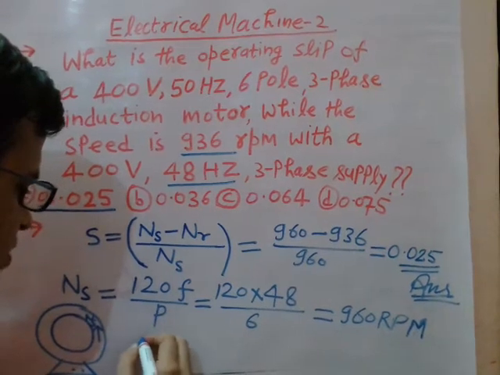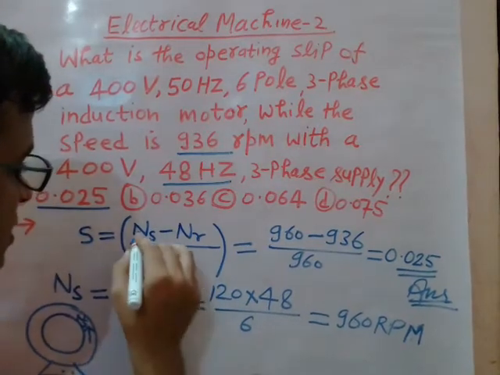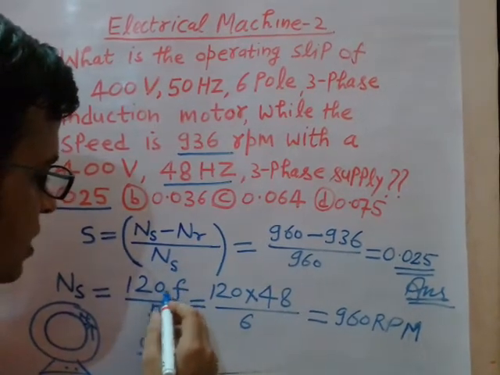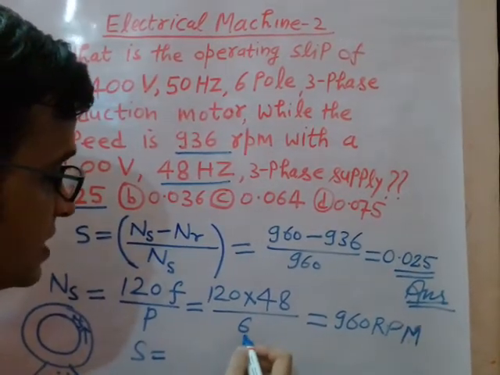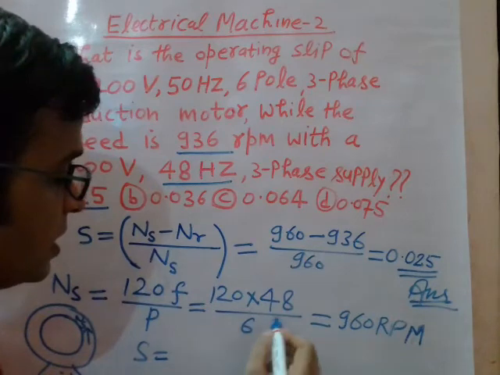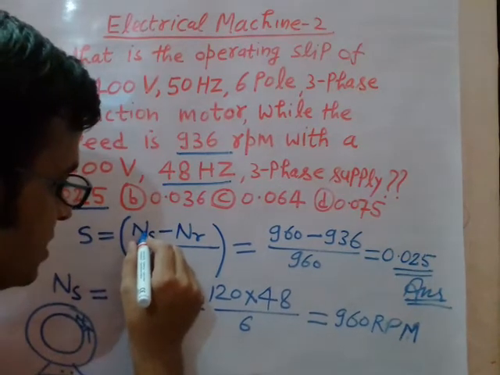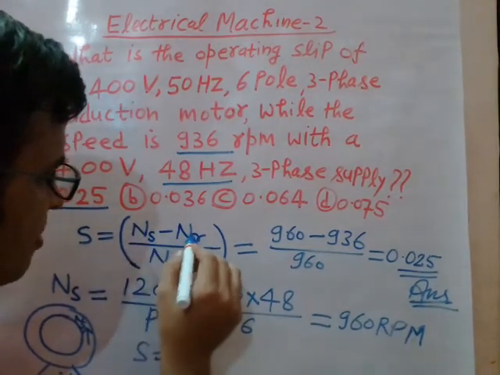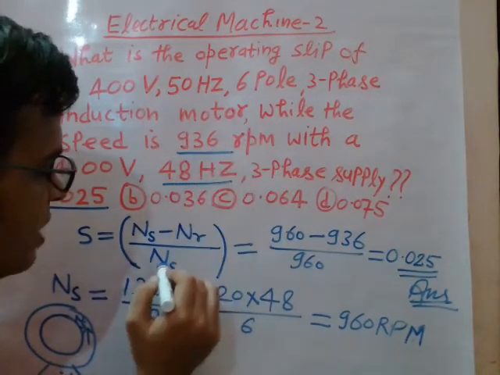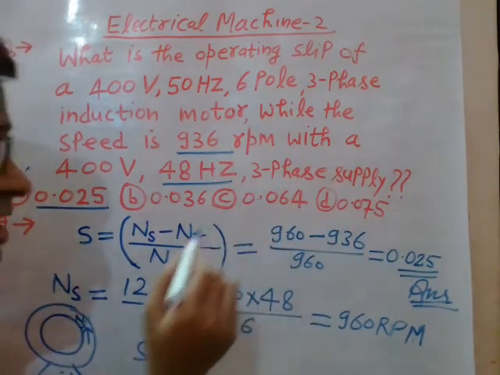This is a mistake one can commit, calculating the slip with the synchronous speed corresponding to 50 hertz. This is not the correct option.